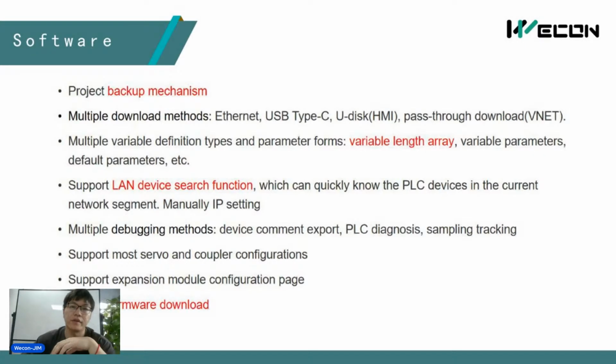For example, you can use Ethernet or Type-C to download. And if your PLC communicates with our Wecon HMI, then you can also use the U disk in the HMI to upgrade the project. And with our VBox product, VNet, we can pass through the router to upload and download our software.